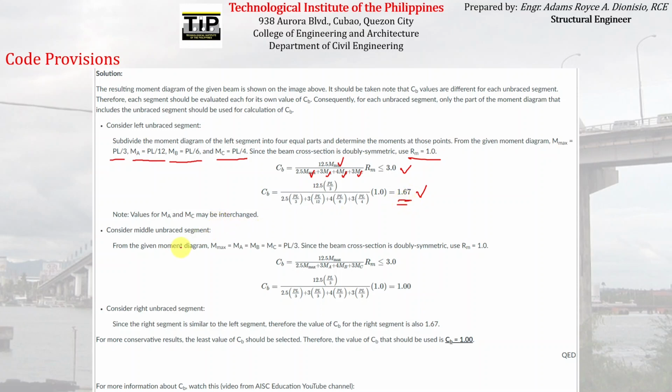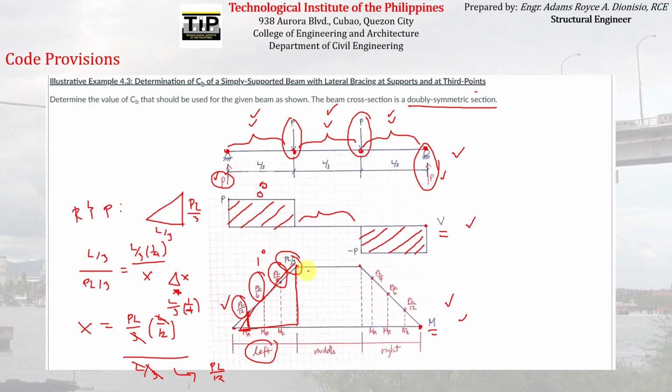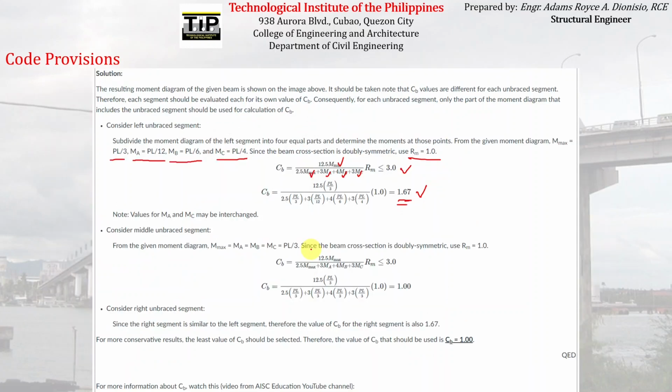And if you repeat the procedure for the middle span, so get the moment at the first quarter point, second quarter point, and third quarter point, you can easily see that the corresponding moments at these points are all just equal to PL over 3, which is the maximum moment.